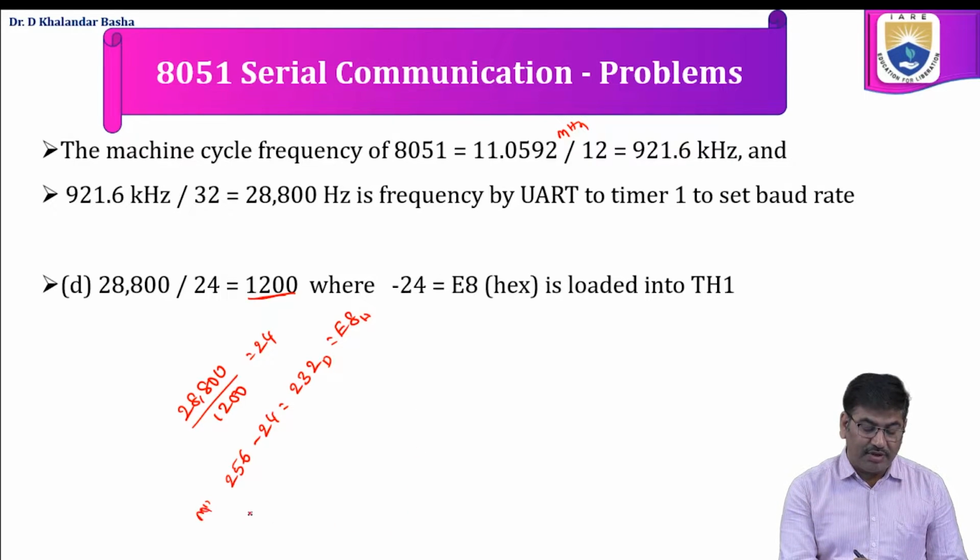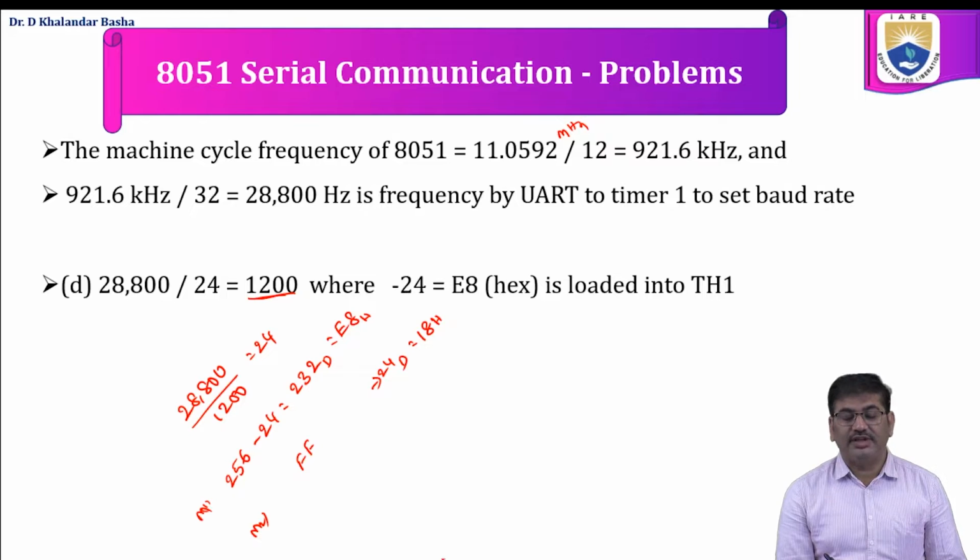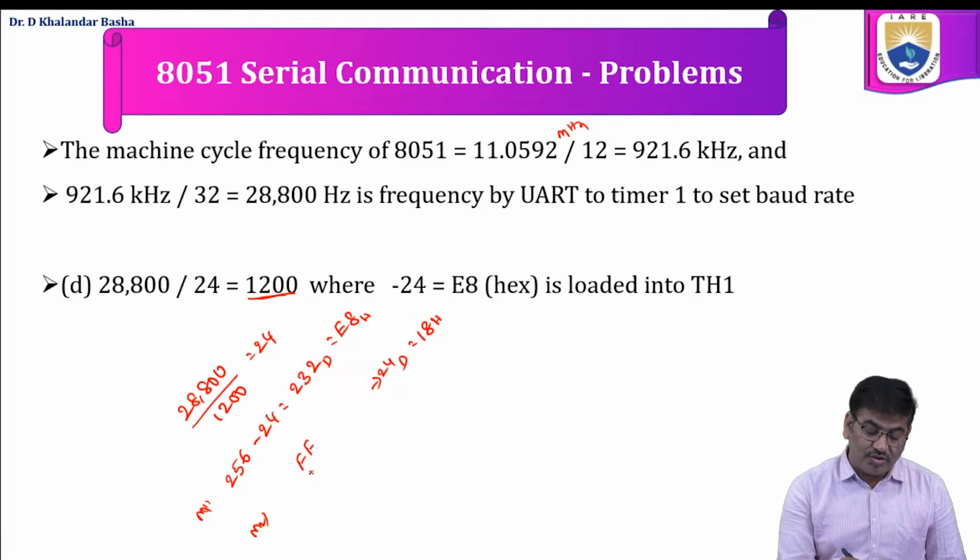This is method 1. In method 2, the maximum count for an 8-bit timer is FF. From this, we have to subtract 24. This 24 is decimal. Its hexadecimal equivalent is 16 plus 8, so 24 decimal is equivalent to 18H. So subtract 18H from the maximum count, FF.